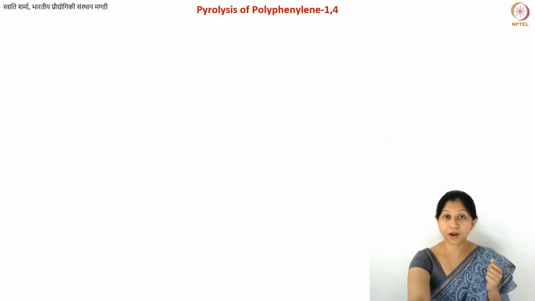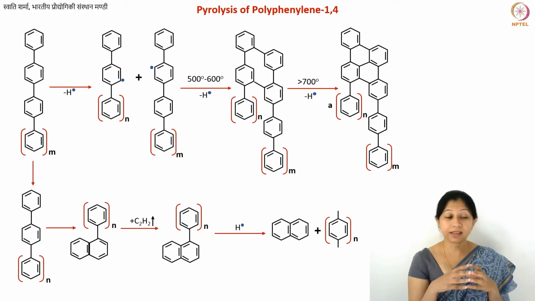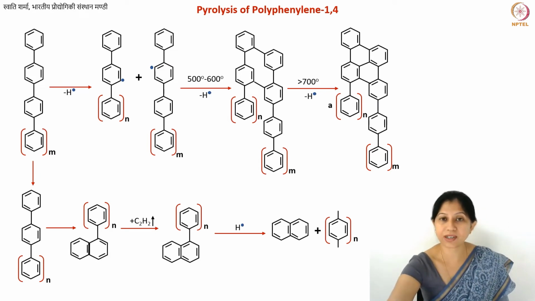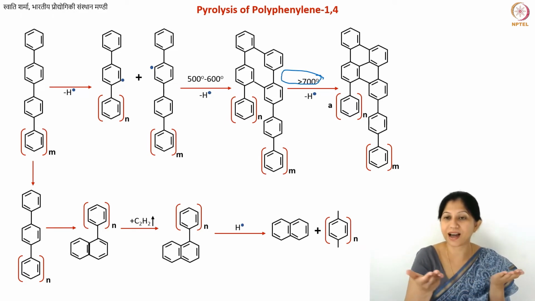This is the example of polyphenol. Again, this is not a heavy hydrocarbon. That is why I said similar example, because it's not a very complex molecule. But again, you have these structures, so there is a certain cyclization taking place. And what is happening above 700, you can see that now you're getting large sheets of aromatic carbon.